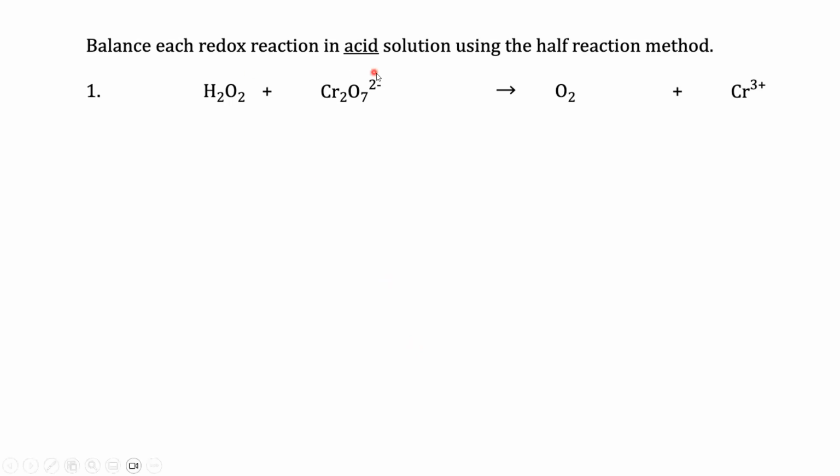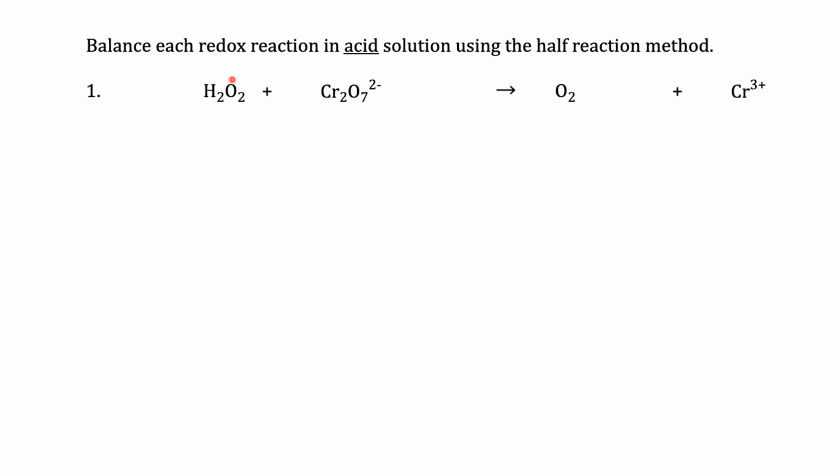So we can see it's going to be -2 in the dichromate ion. But then in peroxide, H2O2, hydrogen has to be +1. So in that case, the oxygen has to be -1 in order to balance it out. So peroxide is going to be one of the only cases where it's not -2 in a compound. The other one being if it's with fluorine.